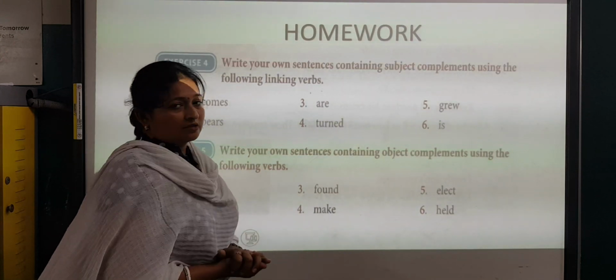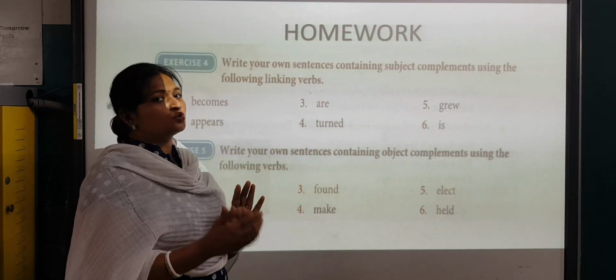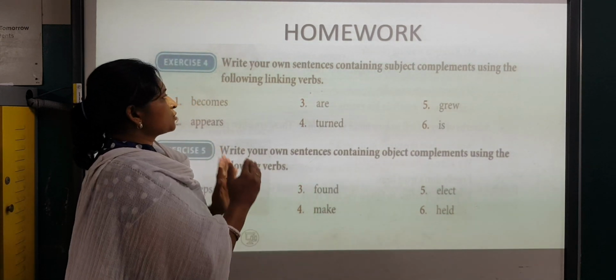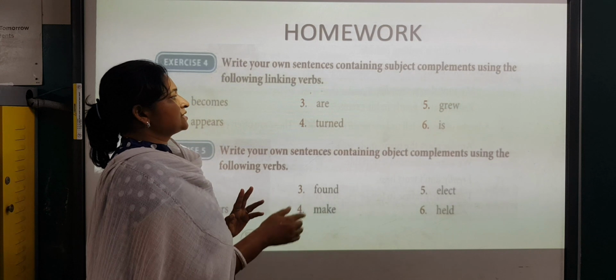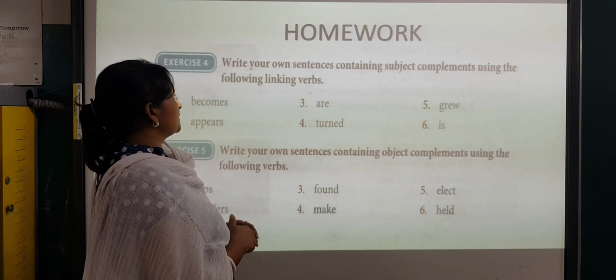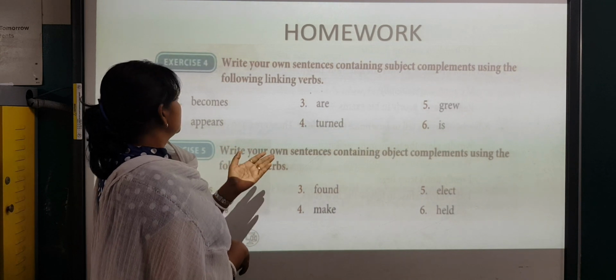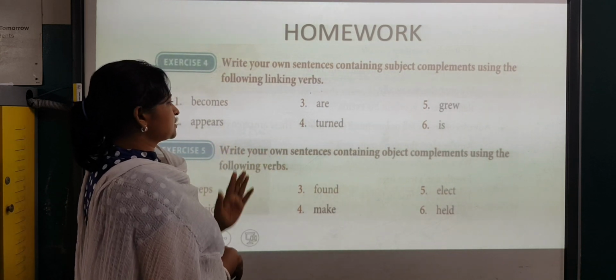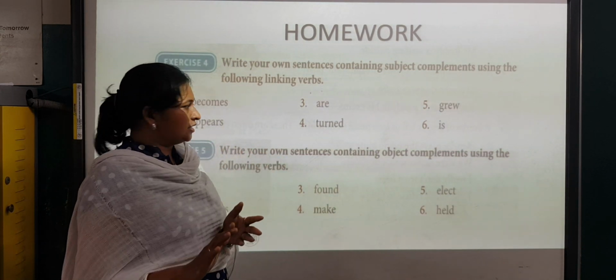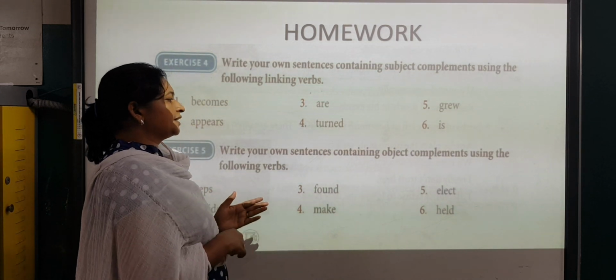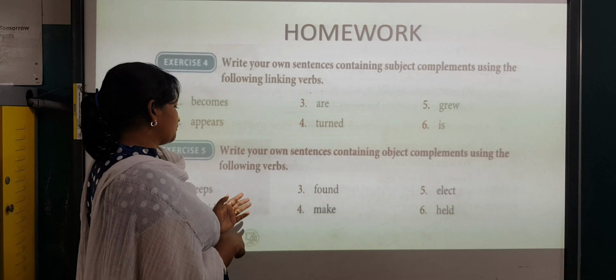Now, there is an activity which you are going to do by yourself. It's not a difficult one. You have to write your own sentences containing subject complement using the following linking verbs: becomes, are, grew, appears, turned, is. Okay, it's very easy. Then write your own sentences containing object complements using the following verbs.